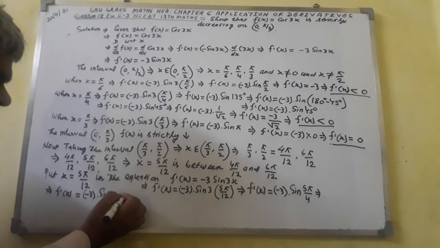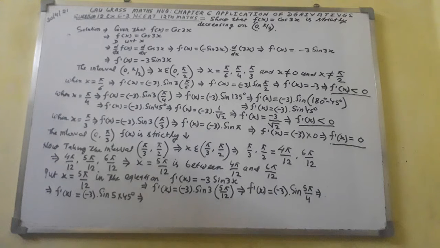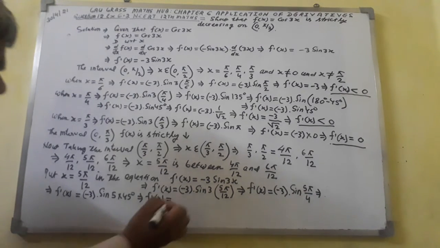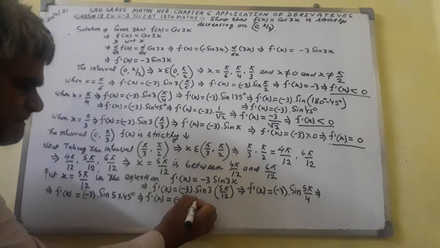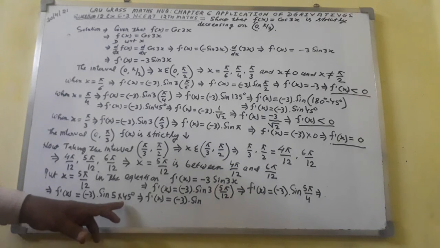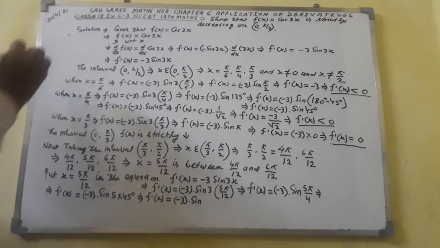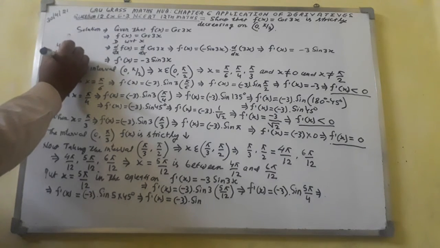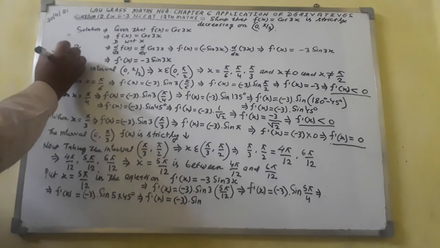So 5 into 45 degree comes out to be f dash of x equal to minus 3 sine, and 45 will be multiplied by 5. 45 multiplied by 5 comes out to be 225.